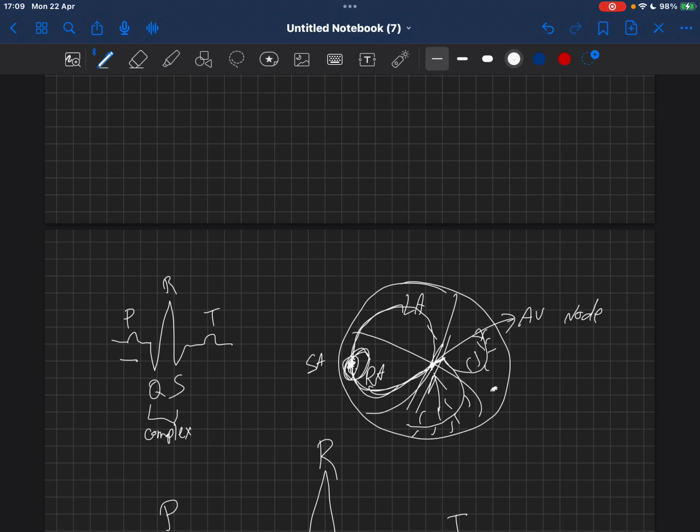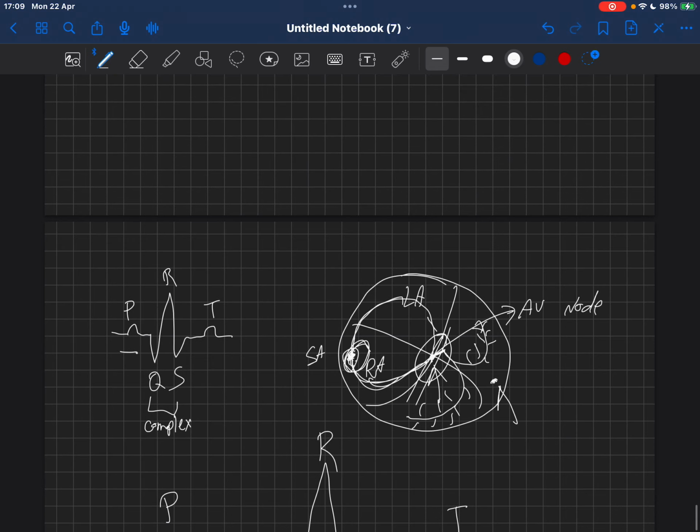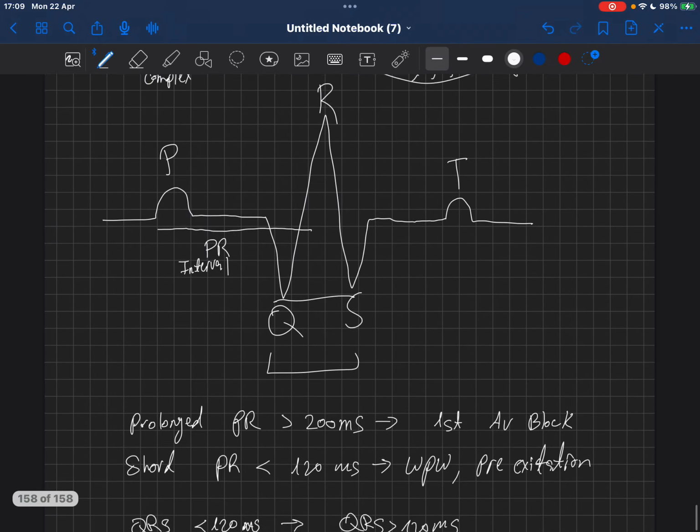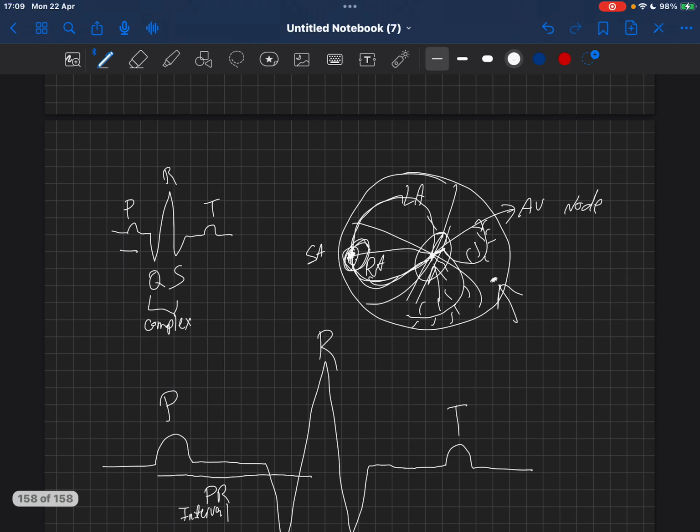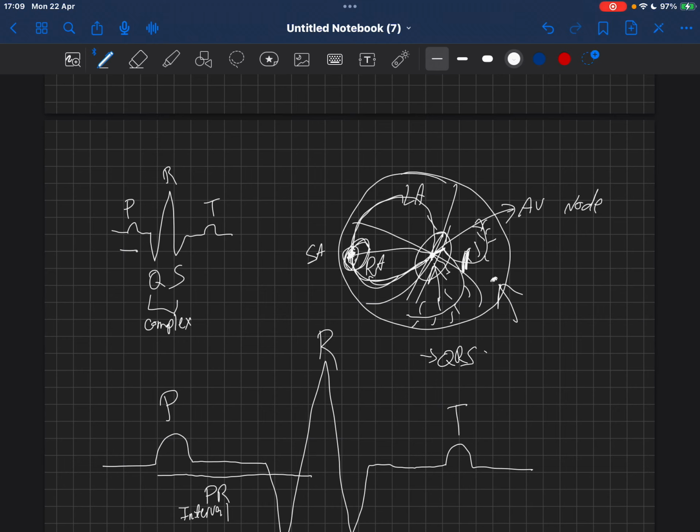But if the signal comes from the ventricles, so the complex should be wide complex, treating the AV node wouldn't change anything, because the problem is in the ventricles, which is below the AV node. So it's quite important. There are some pathologies like bundle branch block, where the signal does come from the atria through the AV node, and there is just a block in one of the bundle branches, which causes the QRS also to be above 120 milliseconds.